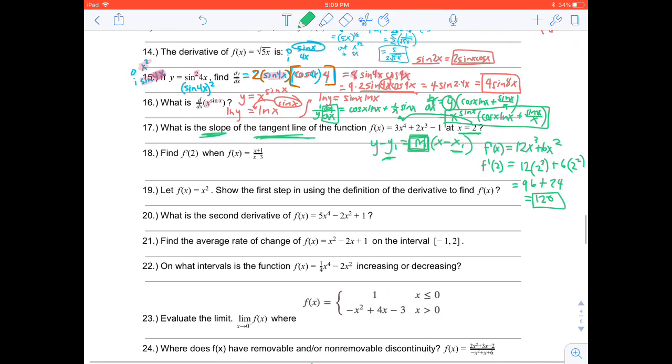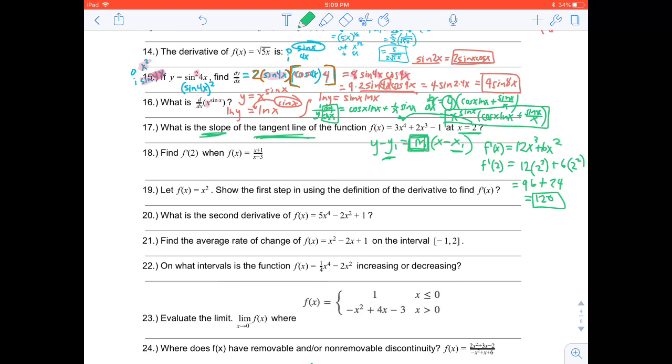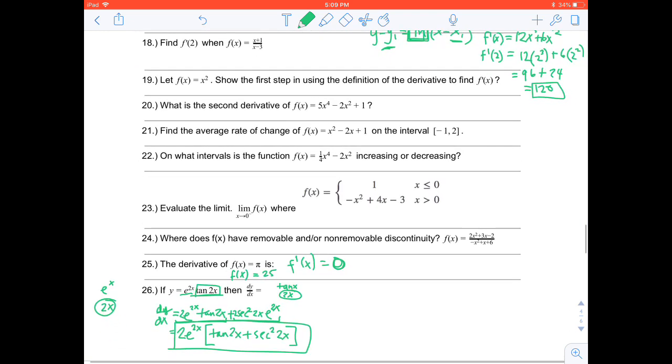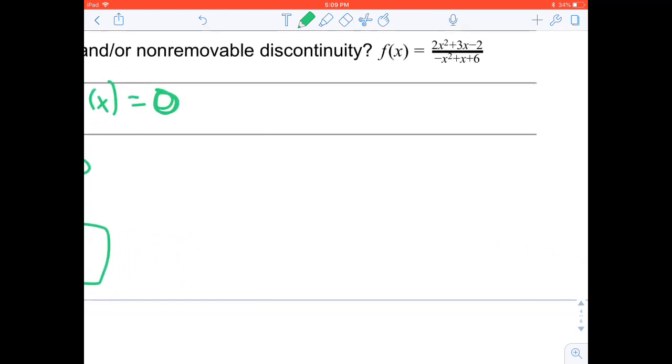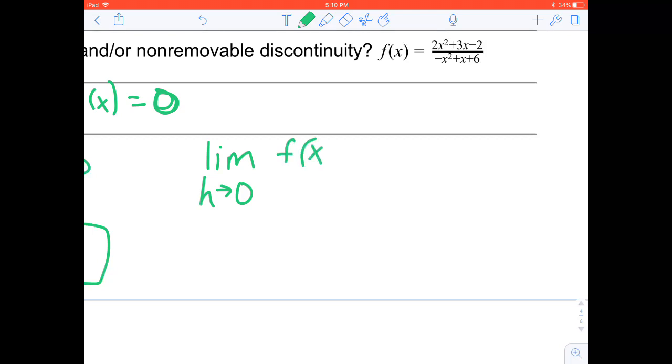19. Show the first step in using the definition of the derivative to find f prime of x. So when we first started looking at what the derivative was, we connected it with limits, because that's kind of the other foundation of calculus, is how did we connect those two main concepts. So we got this formula here.